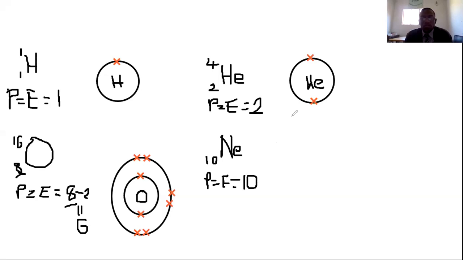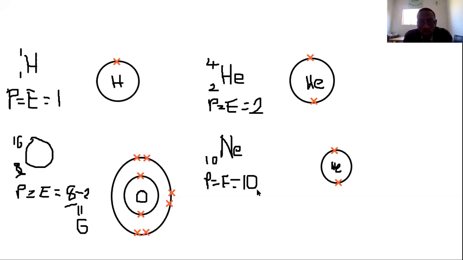So you know that the first shell should always hold the maximum of 2 electrons. So that is our first shell. Remember to put the symbol. So capital N, small letter E. Then we put the 2 electrons. So we have 1, 2.